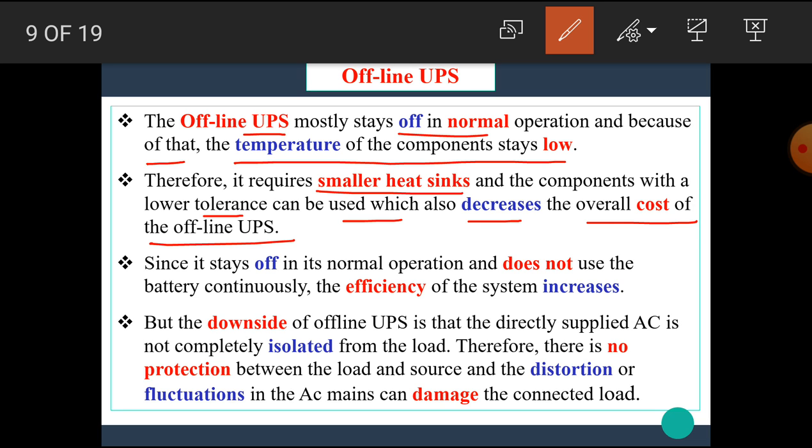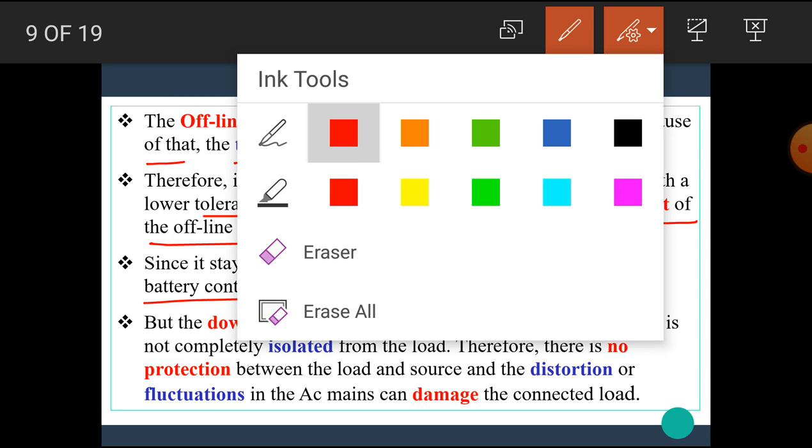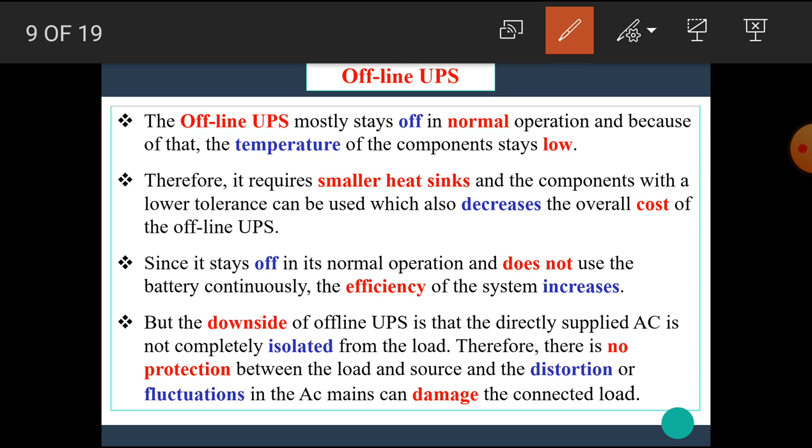Since it stays off in normal operation and does not use the battery continuously, the efficiency of the system increases. These are the advantages of the offline UPS: it requires smaller heat sinks, its efficiency is high, and its cost is low.